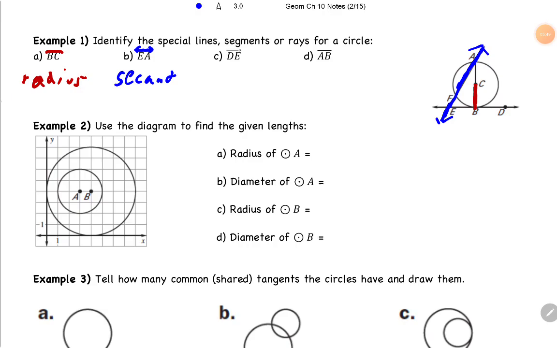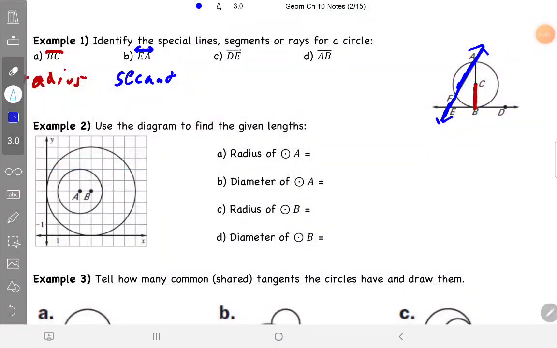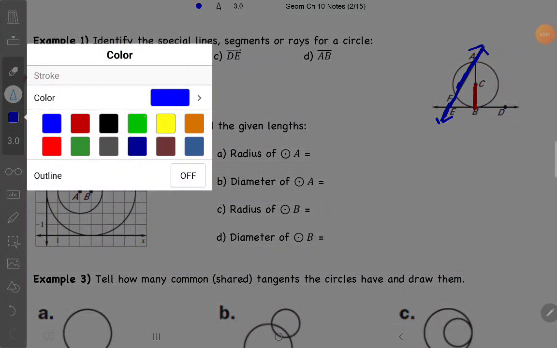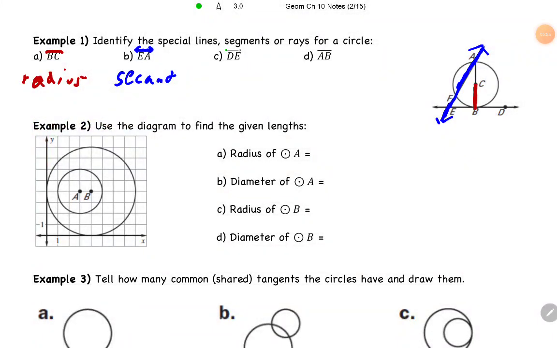Okay, the ray DE. Remember, the ray starts at a point and then goes in a direction forever and ever. So we start at D and go to E forever in the direction of E. That would be a tangent because it only hits the circle once.